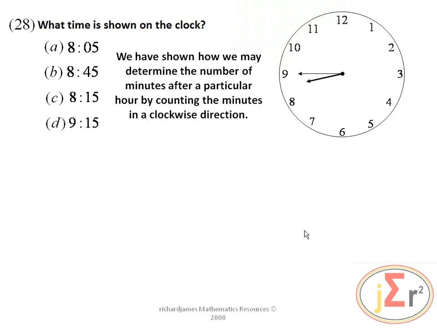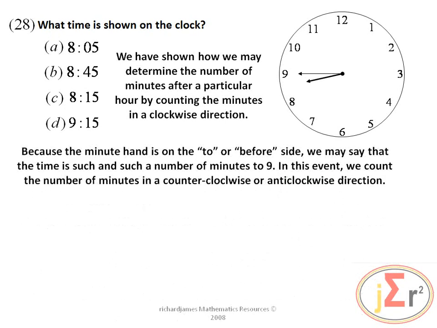We have shown how we may determine the number of minutes after a particular hour by counting the minutes in a clockwise direction. Because the minute hand is on the to or before side, we may say that the time is such and such a number of minutes to 9. In this event, we count the number of minutes in a counterclockwise or anti-clockwise direction.